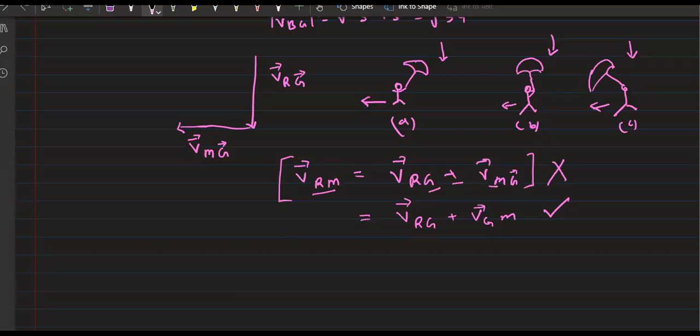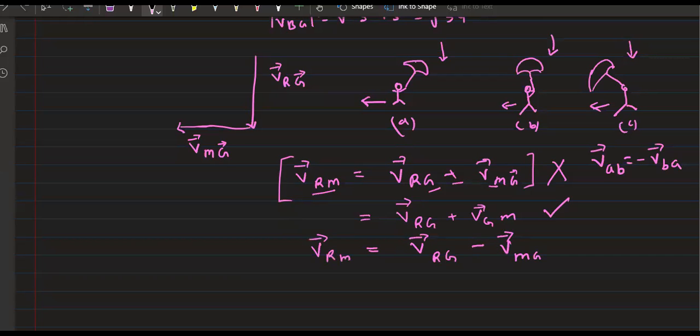We know that in vectors, velocity or any vector of A with respect to B is equal to minus of B with respect to A, because you just change the direction, nothing else. Yes or no? So velocity of rain with respect to ground is this. Now velocity of ground with respect to man can be written as minus velocity of man with respect to ground. Just think about this. You don't have to mug up all the formulas.